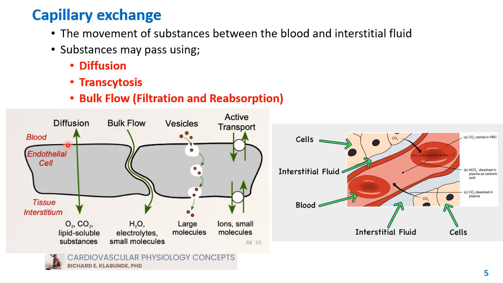So for simple diffusion, you go from a higher concentration to a lower concentration. So that gradient is going to dictate how much diffusion you're going to have. If you have same concentration on both sides, you're not going to have diffusion. You're not going to have bulk of push, okay? So diffusion goes through the membrane, straight into or out of a cell, okay?